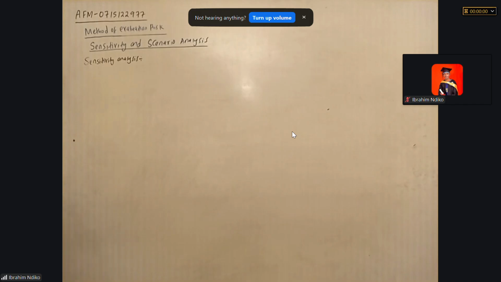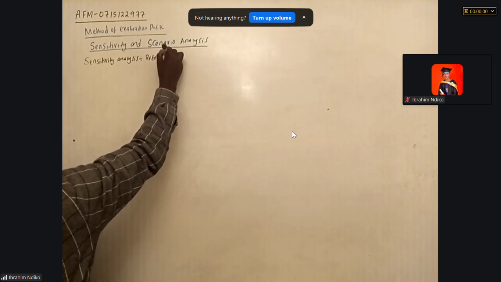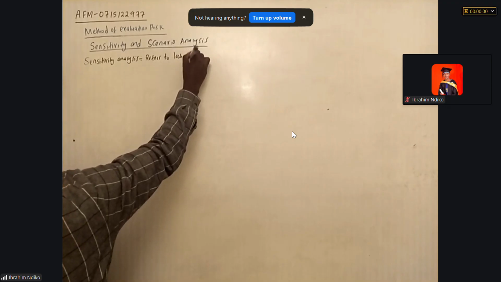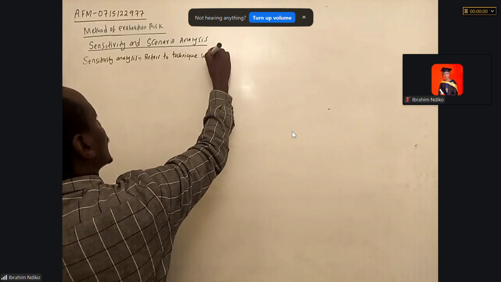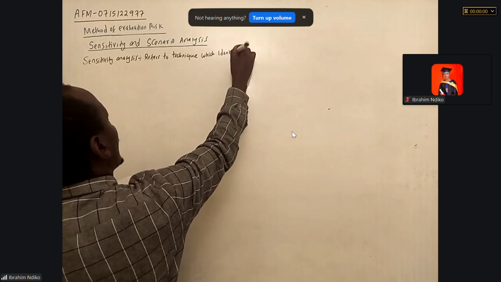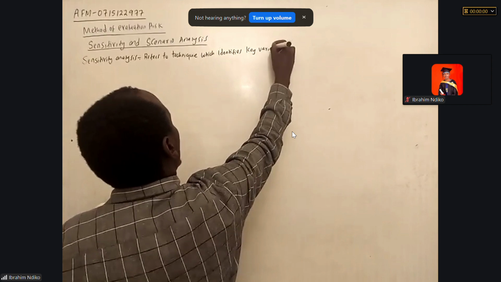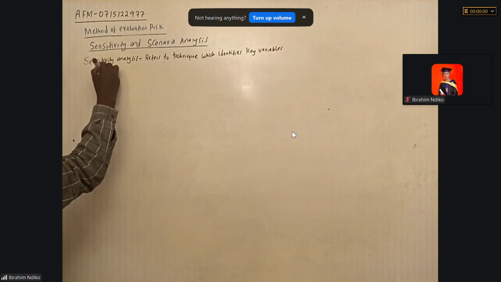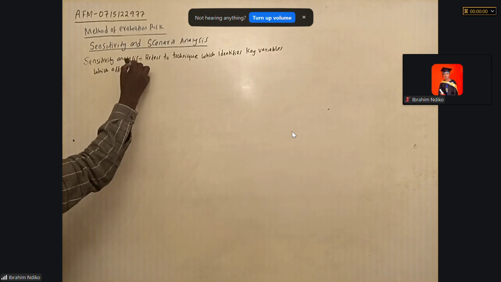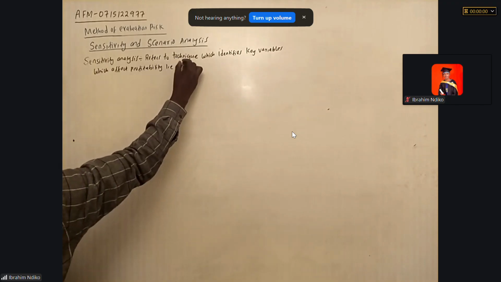Sensitivity analysis refers to a technique which identifies the key variables which affect profitability, i.e. NPV.